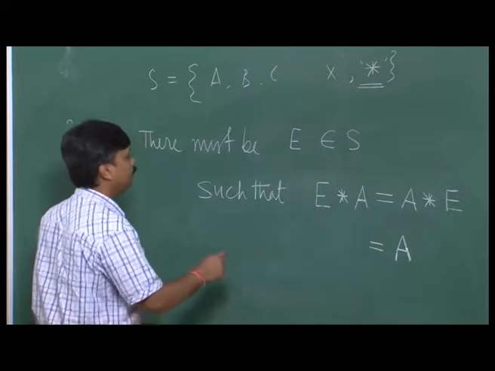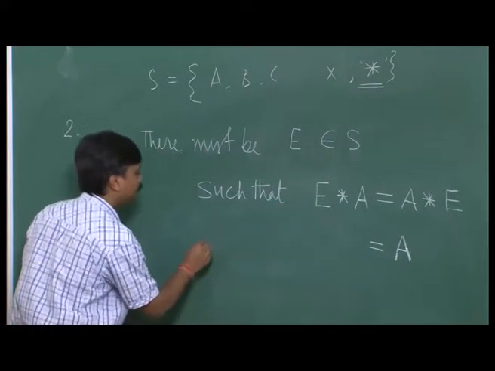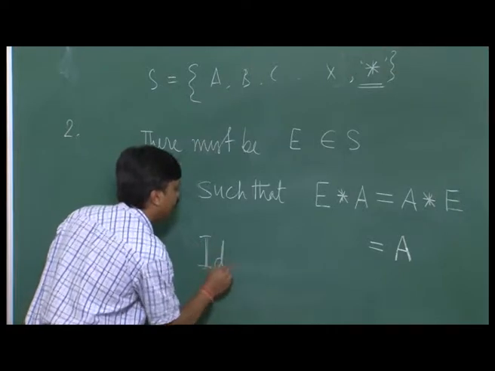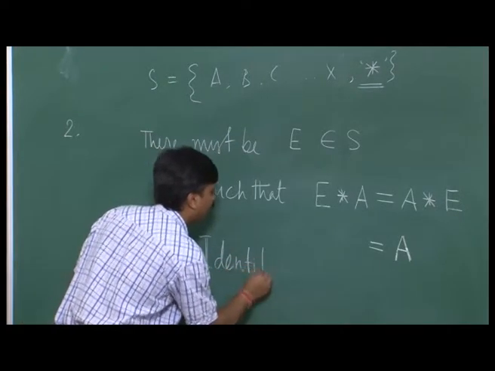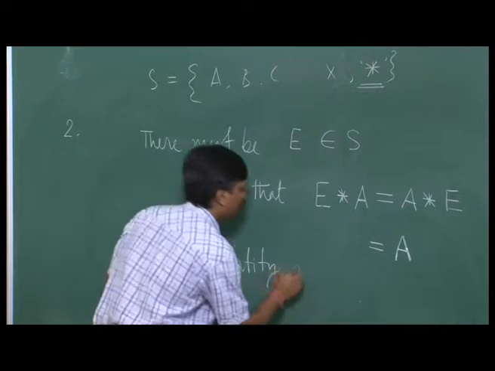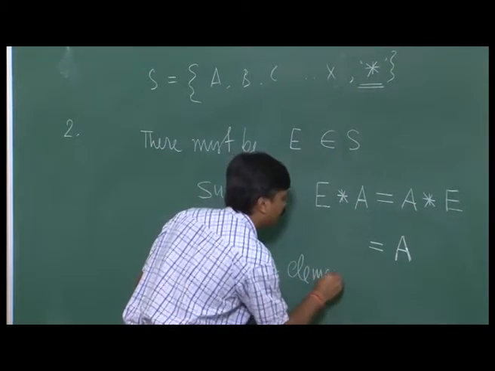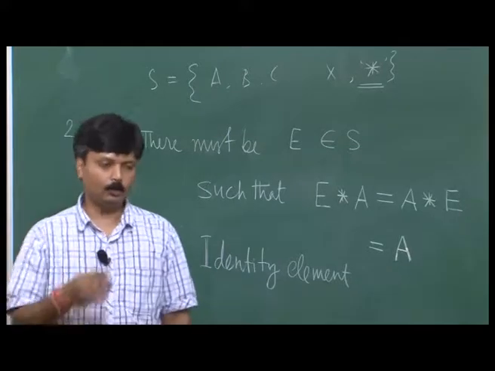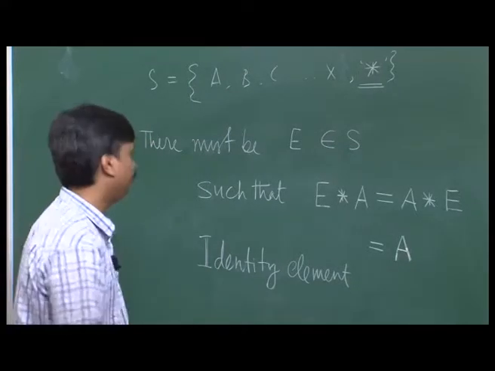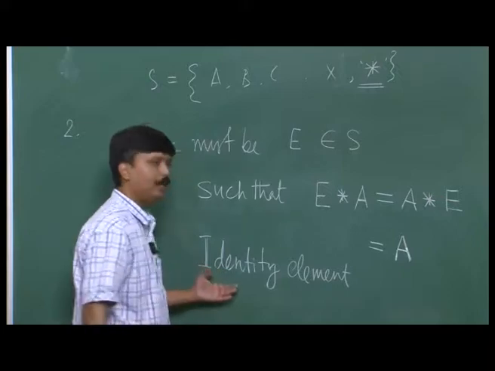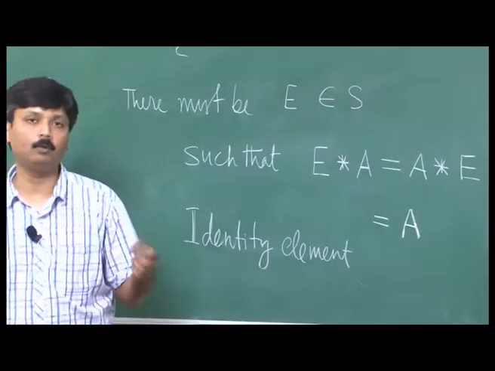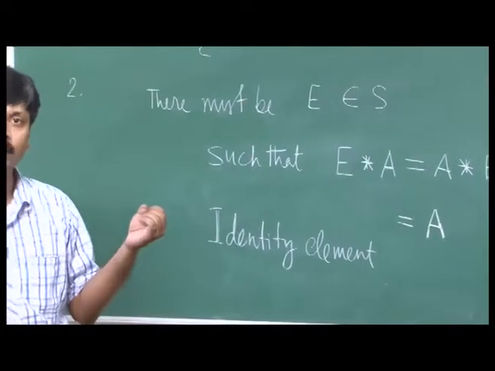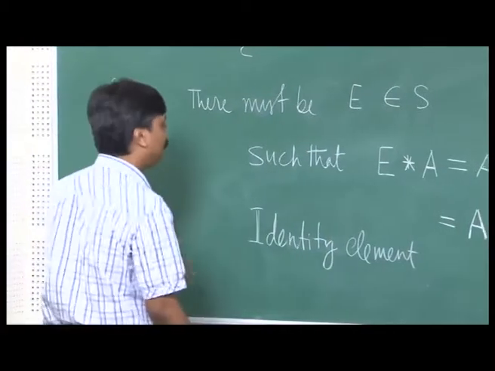This element E is known as the identity element in that particular set. You can correlate this identity element with the identity element that we talked about when we discussed the symmetry elements. You can see they are exactly the same.